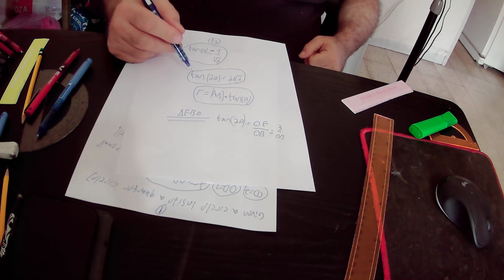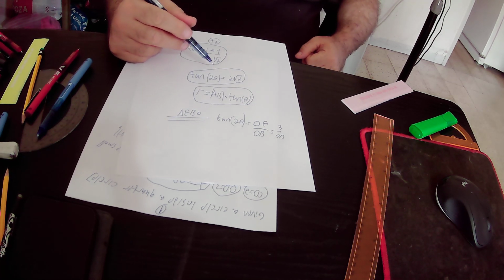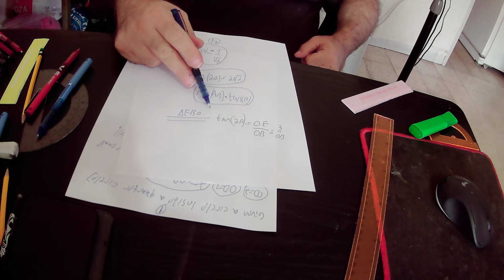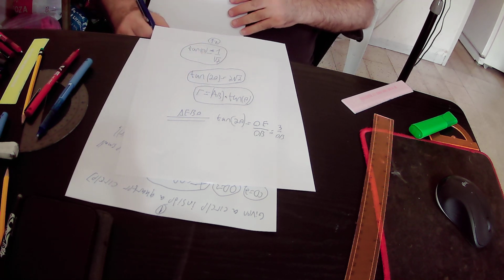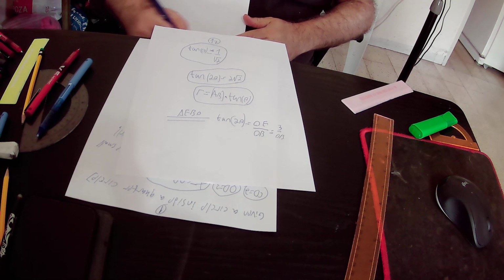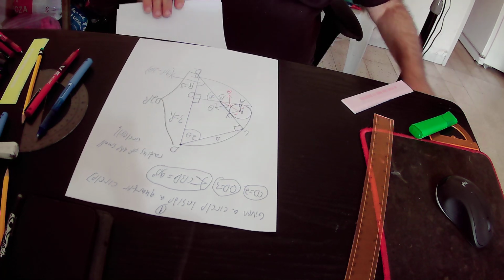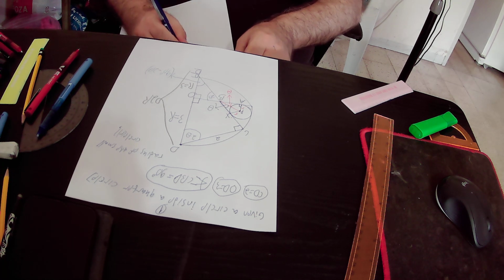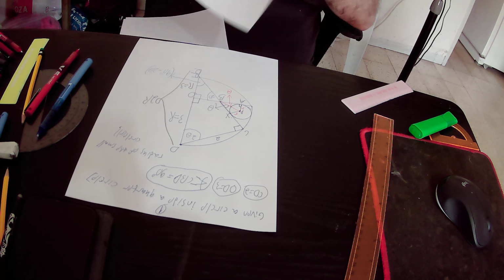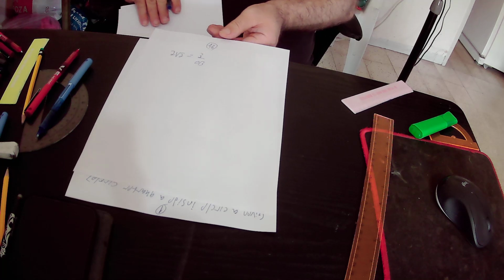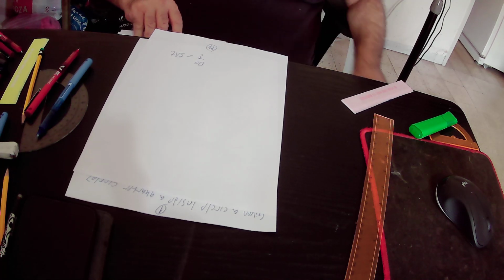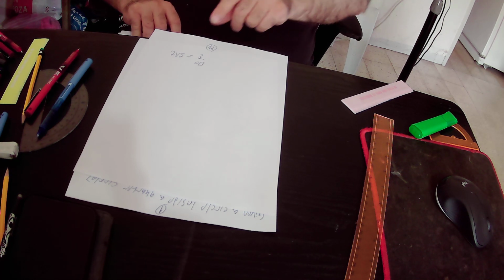And we know that tangent 2 theta equals 2 times root 2, so we can substitute tangent 2 theta by 2 times root 2. We get that 2 times root 2 equals 3 over OB. Here we will multiply this equality by OB, and then divide it by 3.